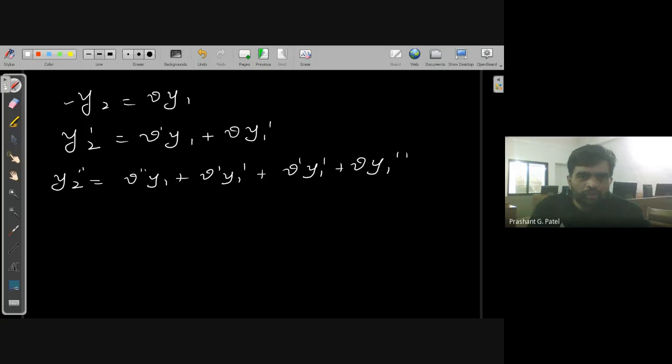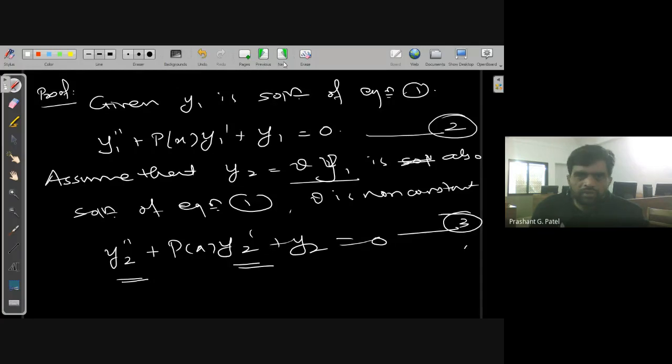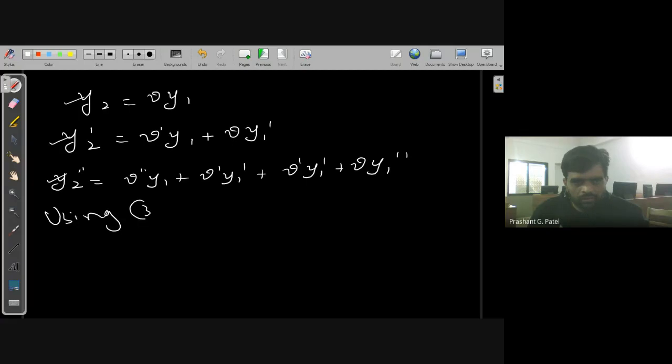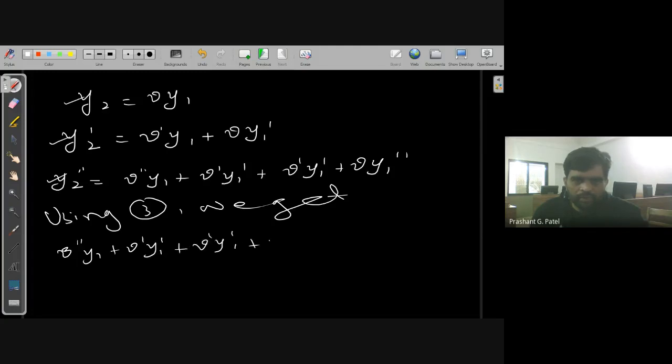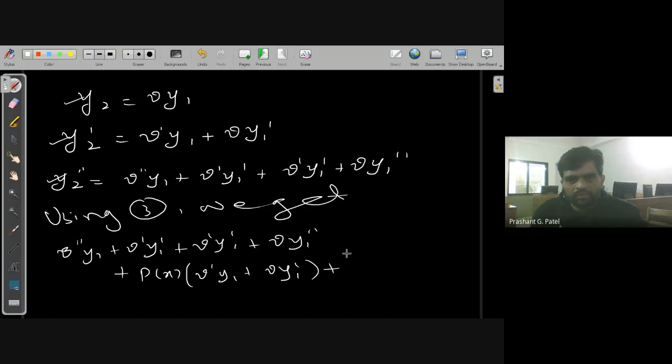Now substituting these values of y2, y2 dash and y2 double dash into equation 3, we get v double dash y1 plus 2 v dash y1 dash plus v y1 double dash, plus p of x into v dash y1 plus v y1 dash, plus q of x into v y1 equal to 0.